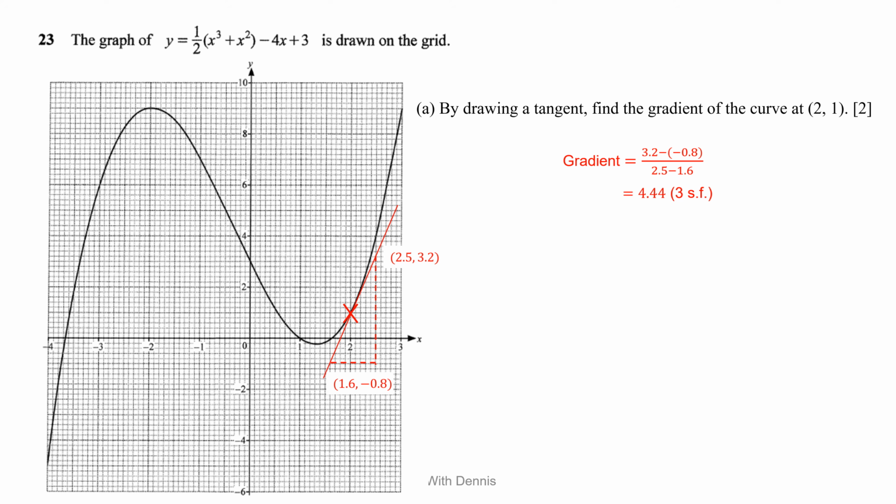Your value might be slightly different from mine, as it depends heavily on how you draw the tangent, which is this line, and also which 2 points you choose. So just choose 2 points that are easy to read, and then we can calculate the gradient.